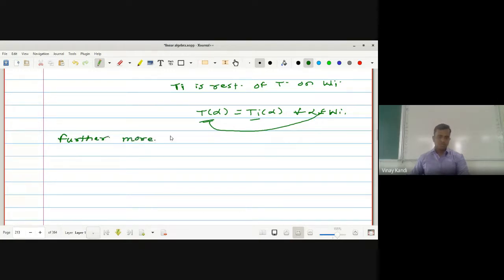Furthermore, if this Ti is the restriction of T, capital T, to Wi, then T is said to be decomposable into operator Ti.